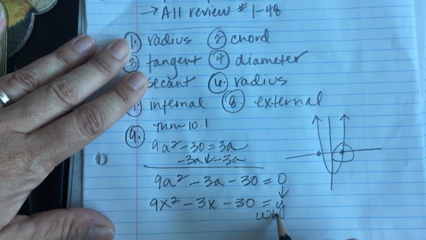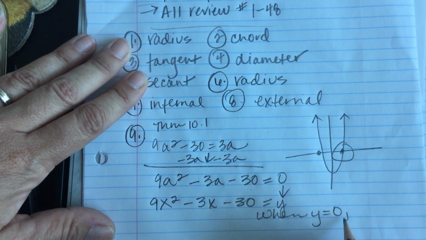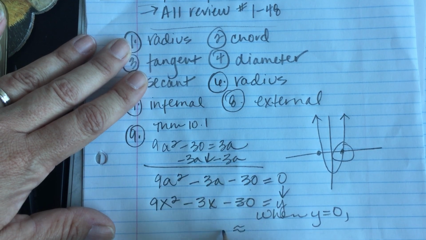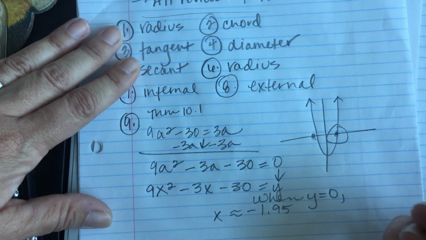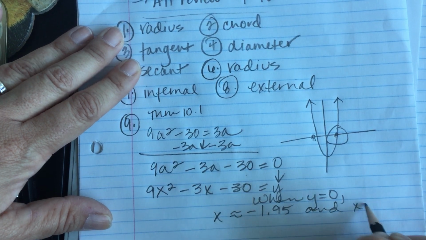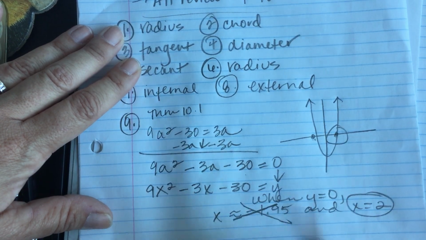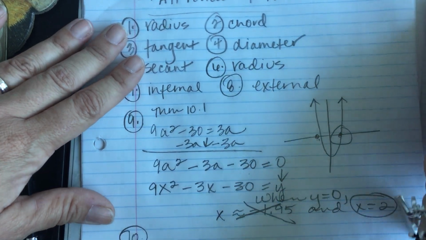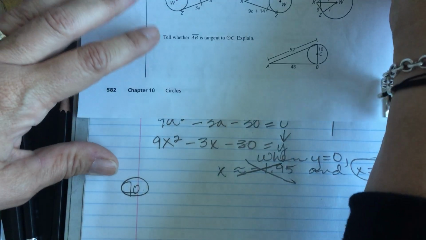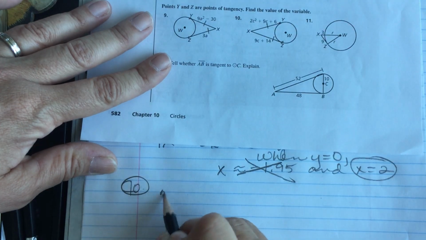We found that when y was 0, we had approximately -1.95, approaching -2, and x was positive 2, and positive 2 is the only answer that makes sense for a geometry problem.